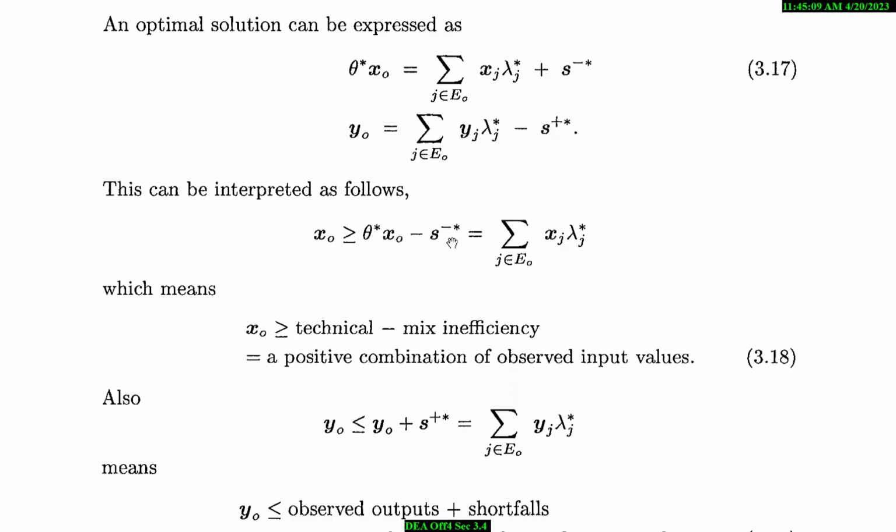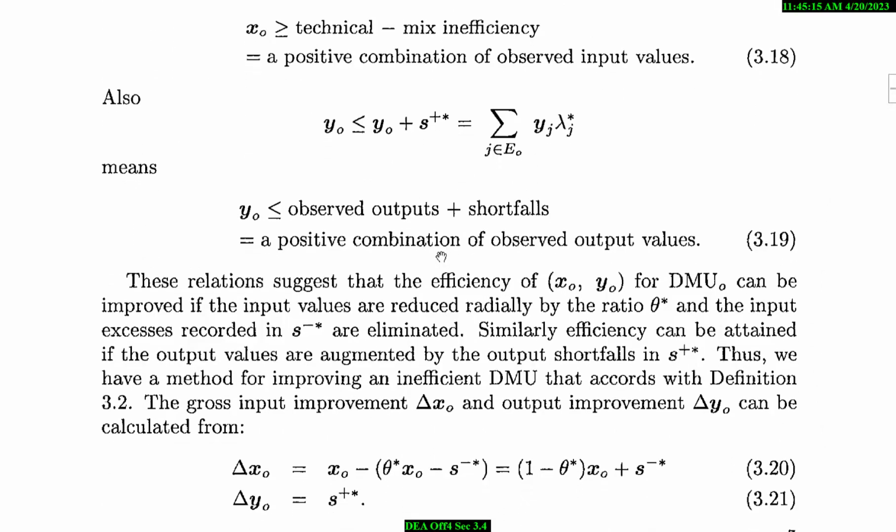We reduce also with these values if they are not 0. Similarly, efficiency can be attained if the output values are augmented by the output shortfalls in s plus star.